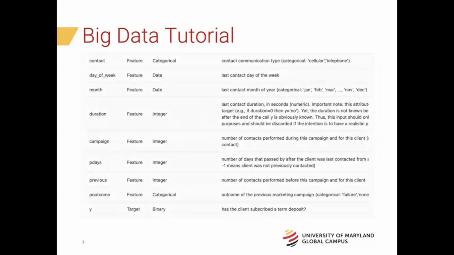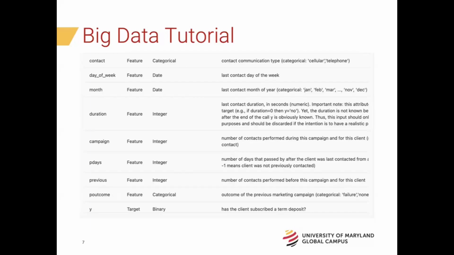Then the contact communication type, what kind of communication has been established with this customer, the last contact day of the week, the last contact month of the year, and duration, the last contact duration. Then the campaign, how many times the customer has been contacted, and the number of days that passed after the client was last contacted. -1 means the client was never previously contacted, right? Otherwise it shows you the number of days since the last contact.